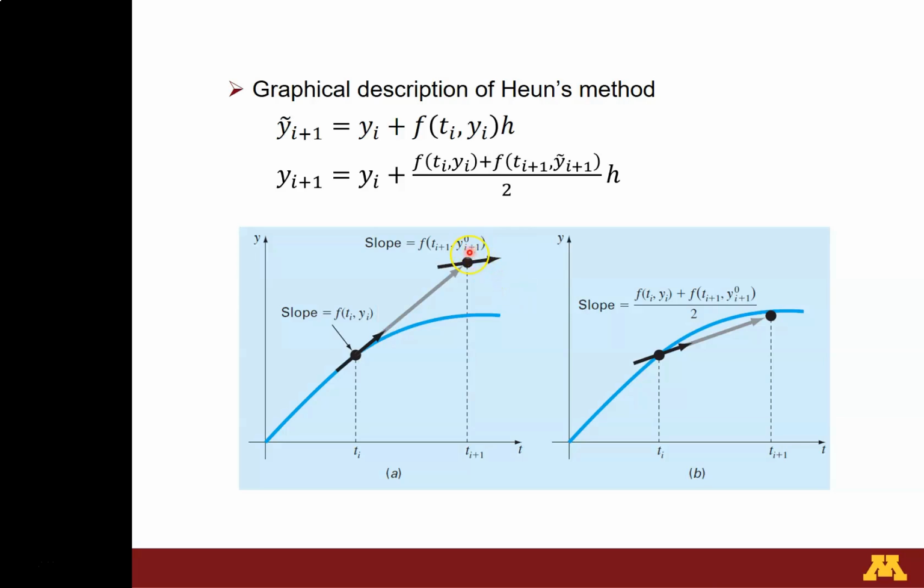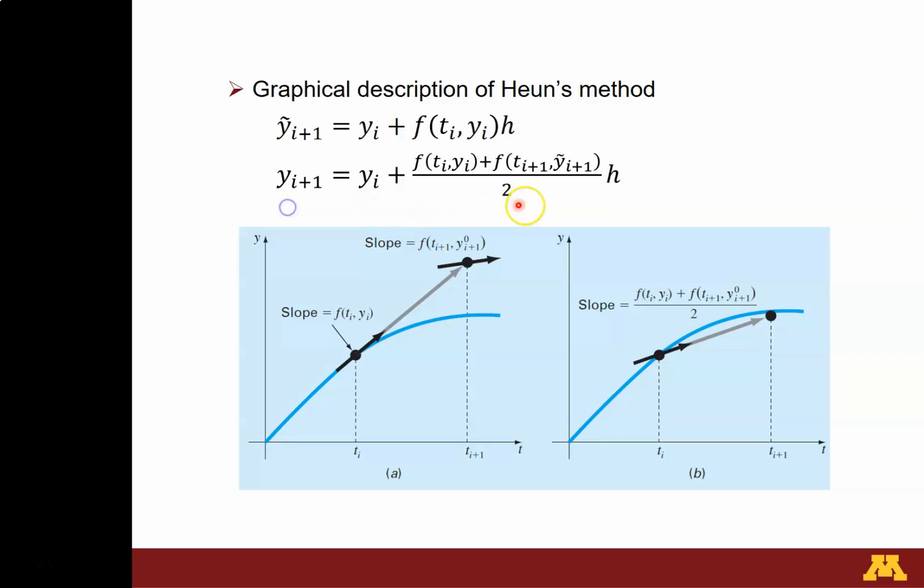And then we also calculate the slope at this point using the first estimate here. This is actually the slope here. Then taking the average of these two slopes, we get the new slope here. Average of two slopes.